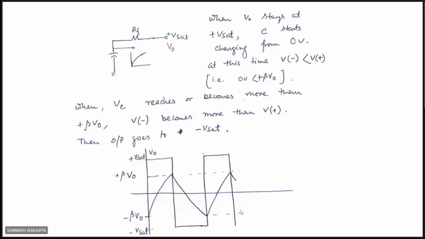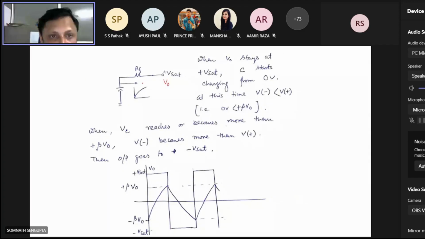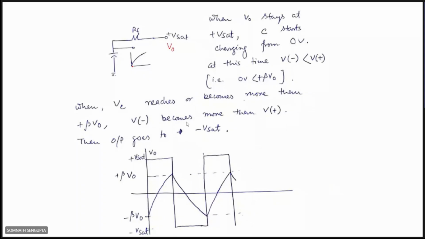I just draw the RC circuit part only. So the output voltage V naught is staying at plus Vsat initially, and at that time the capacitor is initially at 0 volt, discharged. Now it will start charging from that value.